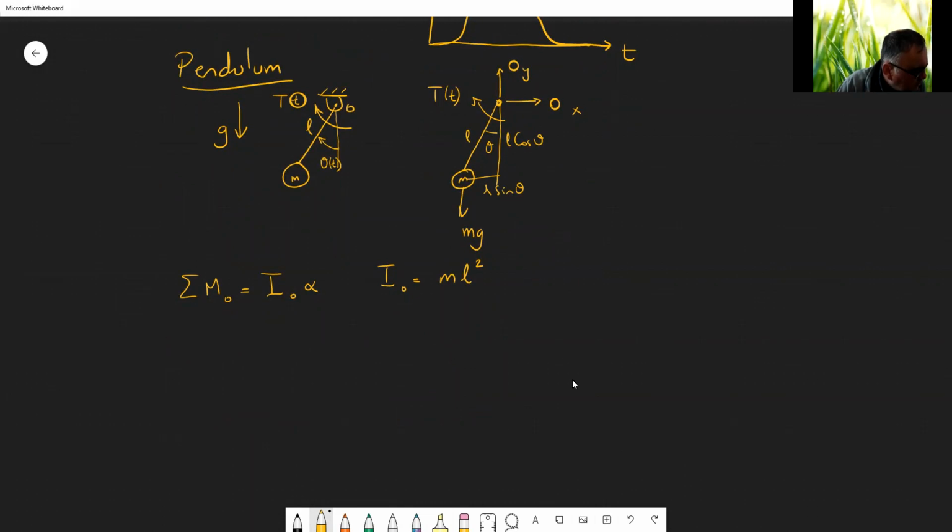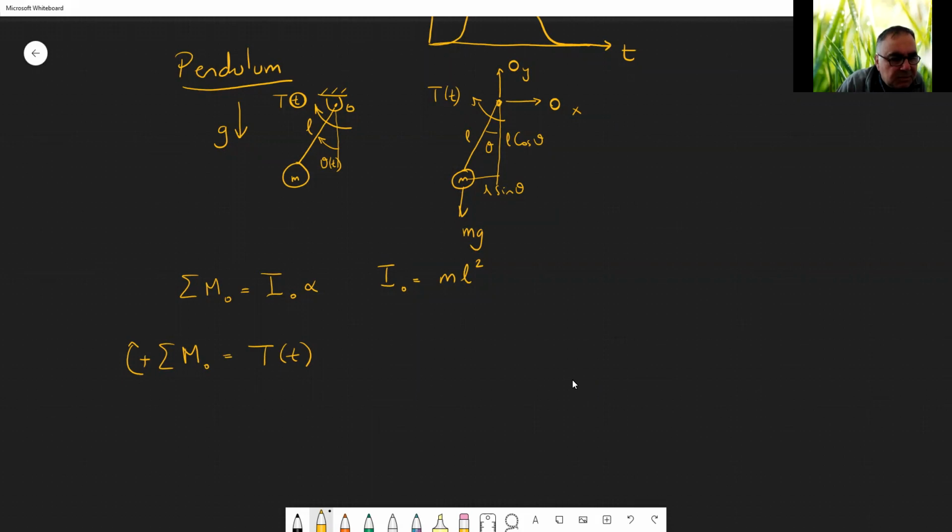Let's say counterclockwise being positive, the summation of moments about O is equal to the external torque, T of t, which is counterclockwise.